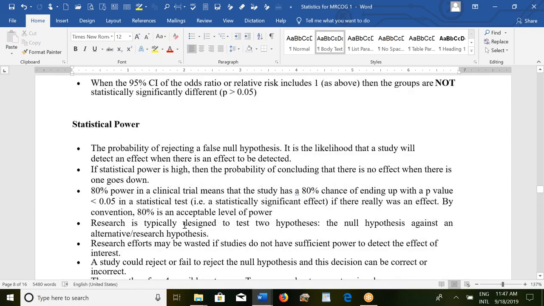So what is statistical power? The probability of rejecting a false null hypothesis. It is the likelihood that a study will detect an effect when there is an effect to be detected.